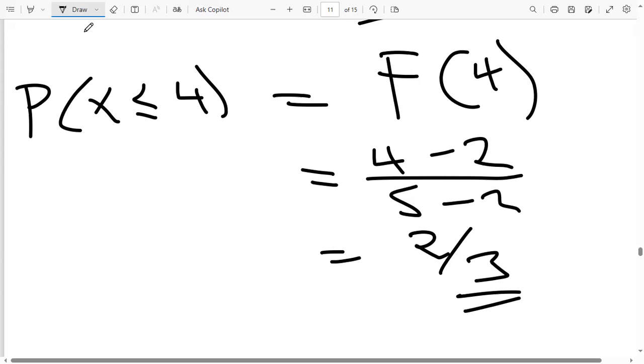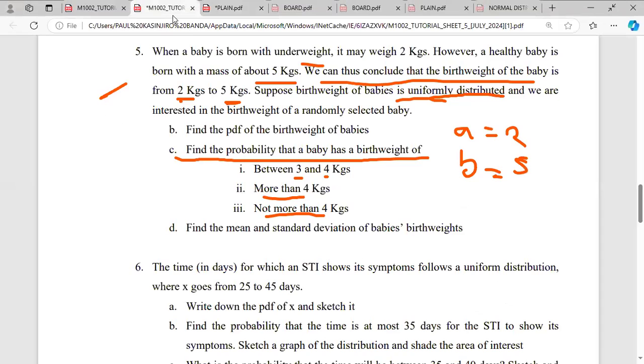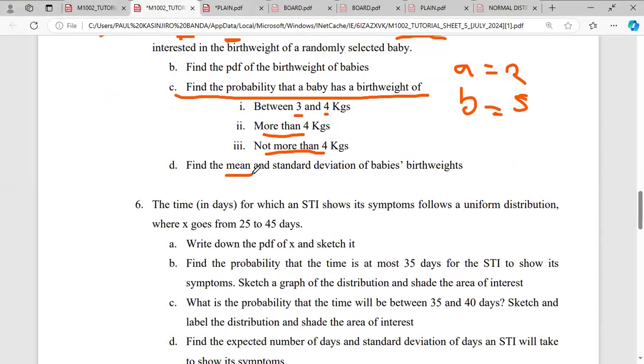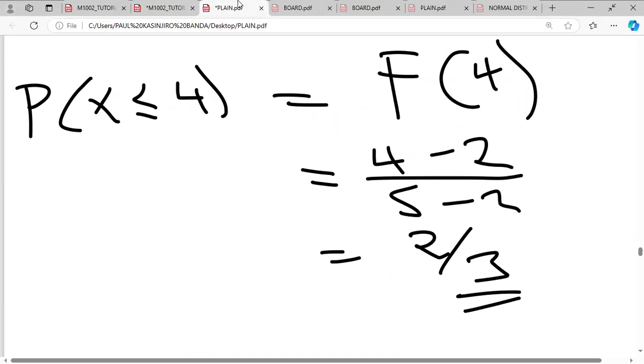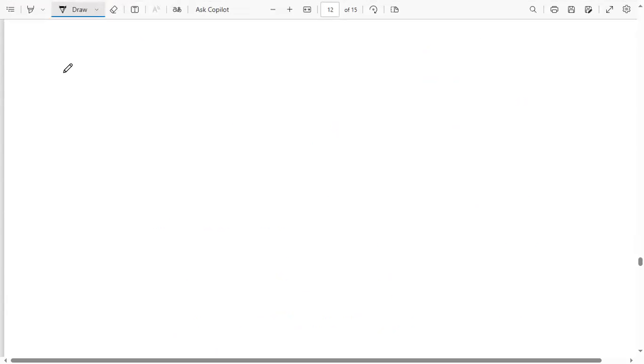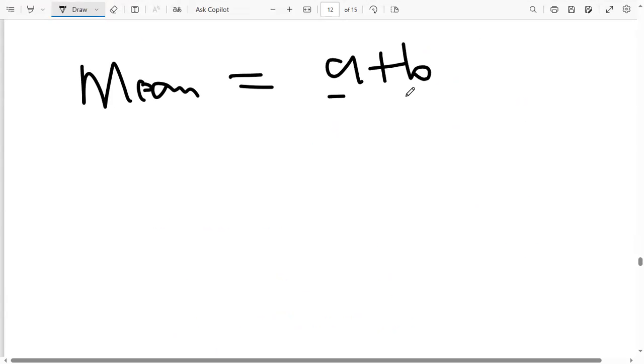Okay, and then let's find the mean and the standard deviation. So the mean here also has a specific formula. Under uniform distribution, you just have to master the formulas. Even the standard deviation has its own formula. So let me show you the formulas. For uniform distribution, the mean is equal to A plus B, and then you divide by 2.